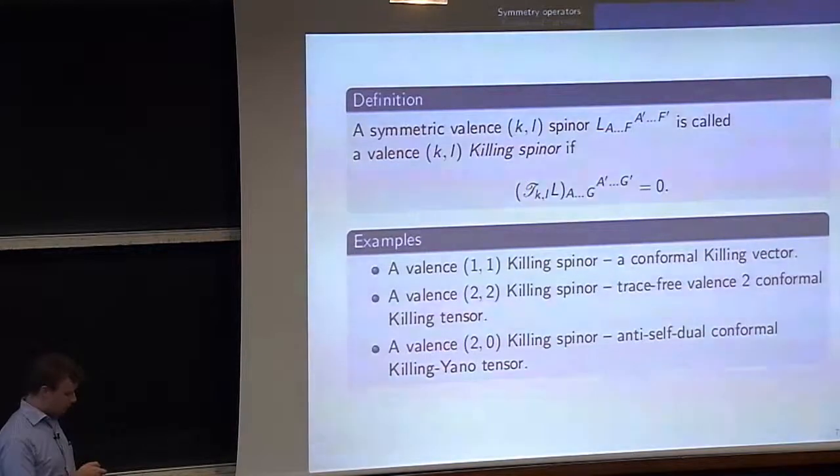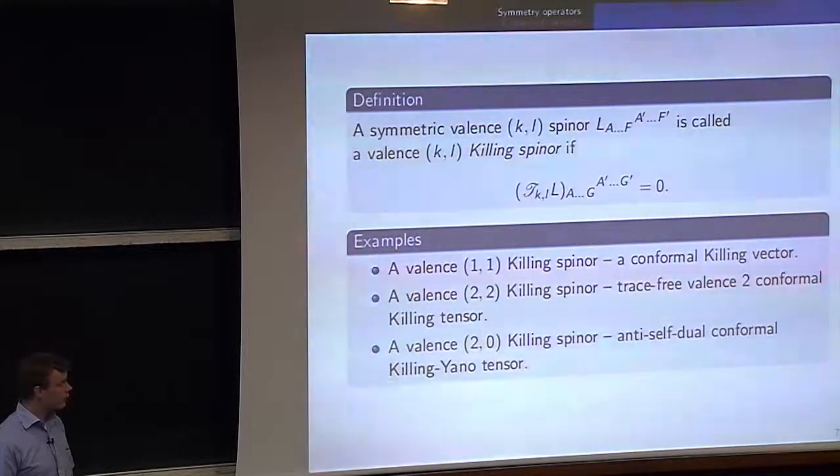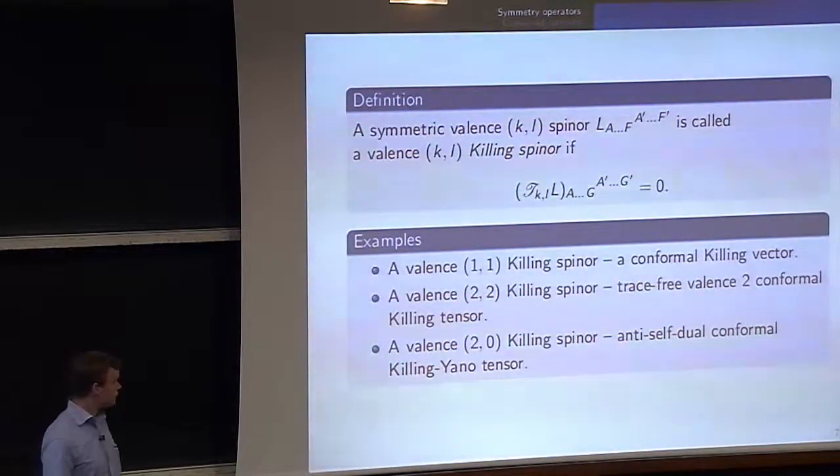One of the more important classes of spinors is spinors in the kernel of this twistor operator, and we call them killing spinors of valence KL. And of course, clear examples are the conformal killing vector, so valence 1-1, and the trace-free conformal killing tensor in the valence 2-2 case.